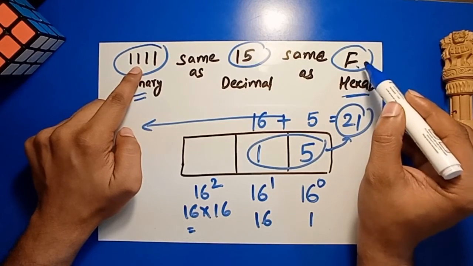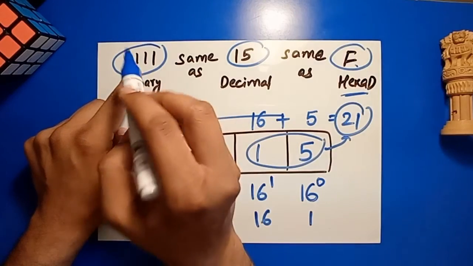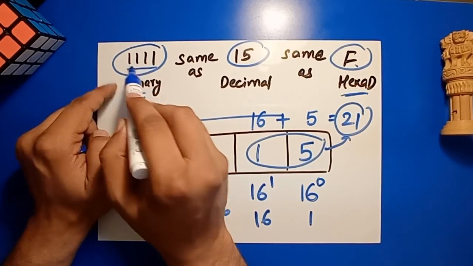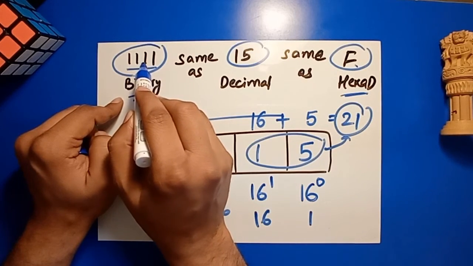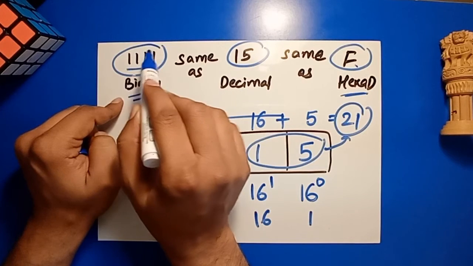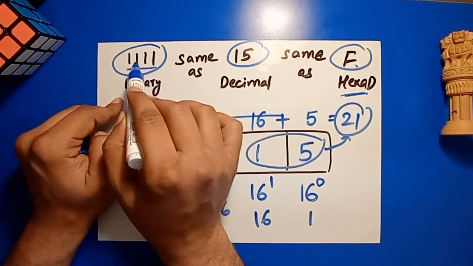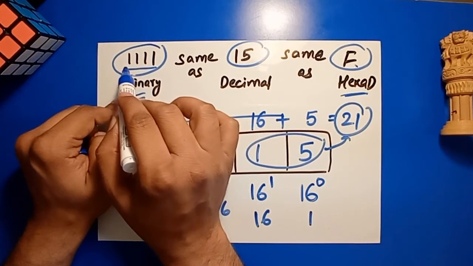Only one digit is needed to represent four binary digits. This is the largest four digit binary number because we only have zeros and ones. 1 occupying all four places means this is the largest four digit binary number.